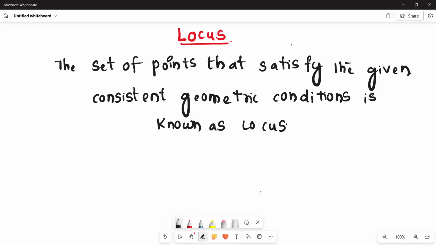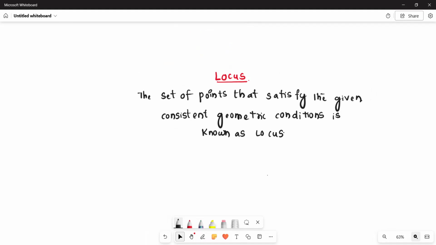So the set of points that satisfy the given consistent geometric conditions is known as locus.